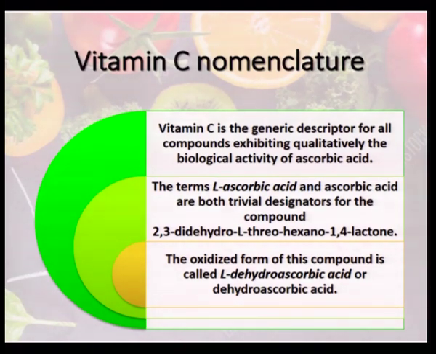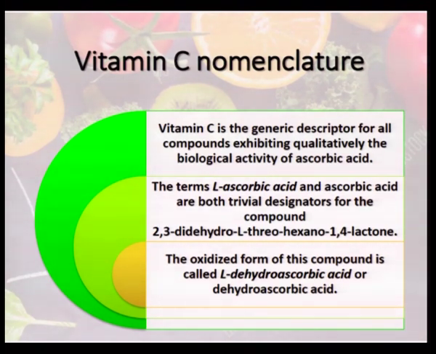We have a generic descriptor. What do you mean by generic descriptor? You could have all the compounds that can be grouped under the vitamin C category. So the actual compound being L-ascorbic acid, and the designators help us technically look at what exactly this compound is chemically.